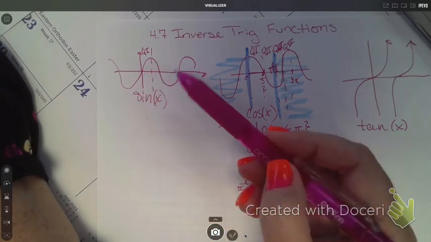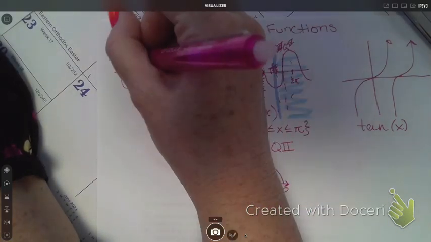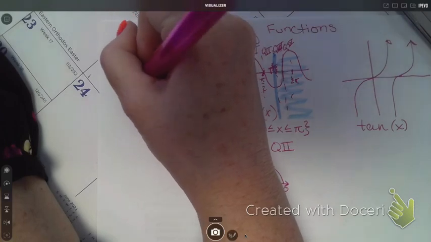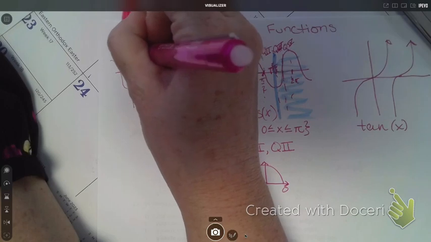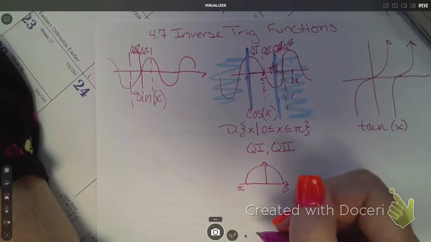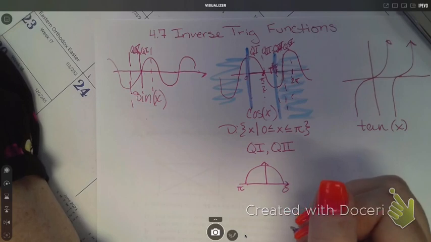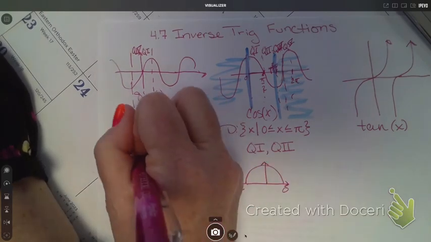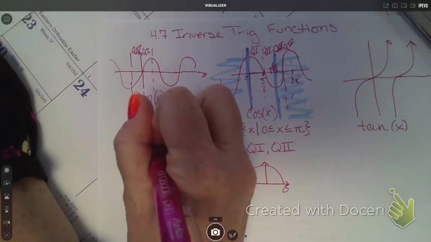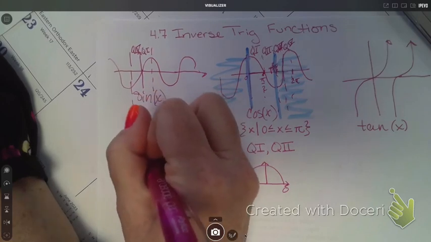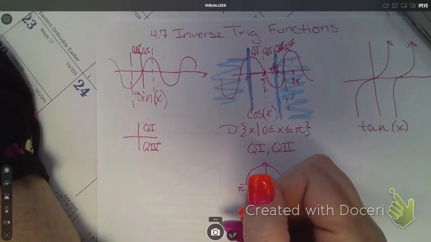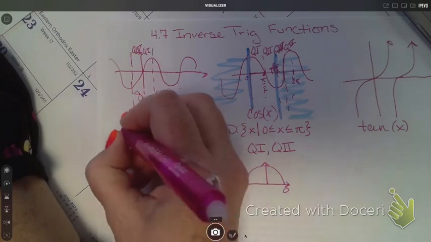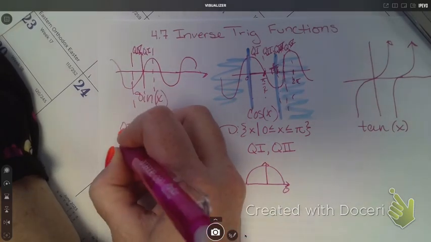I have to go backwards, to quadrant 4. Doesn't quadrant 4 connect to quadrant 1? Yes.